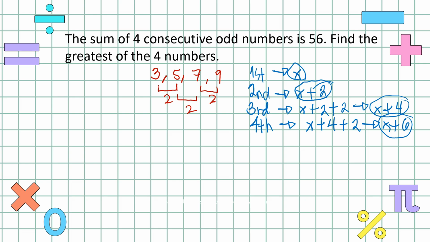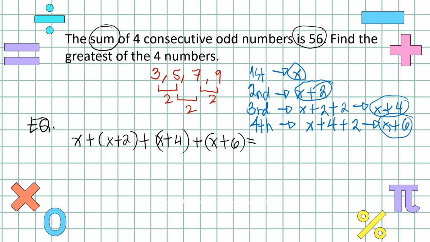Based on the problem, to create our working equation, the sum of these four odd numbers is 56. So we equate the sum of x, x plus 2, x plus 4, and x plus 6 to 56, to find the value of our variable.